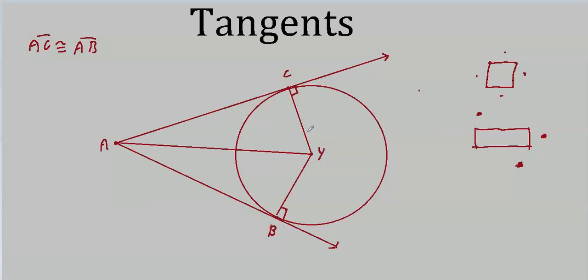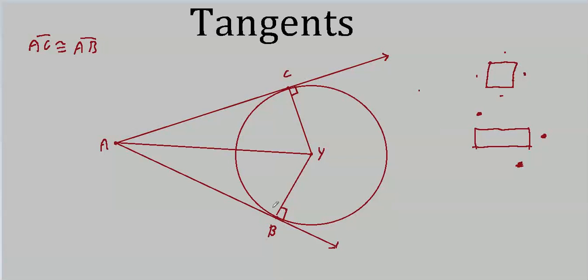So they have to have the same length. No way around that. On the other hand, AY is of course congruent to itself. So we have the leg is congruent to this leg, and the hypotenuse of course is congruent to itself, which means this triangle here is congruent to this triangle.